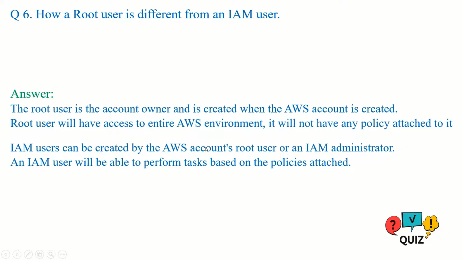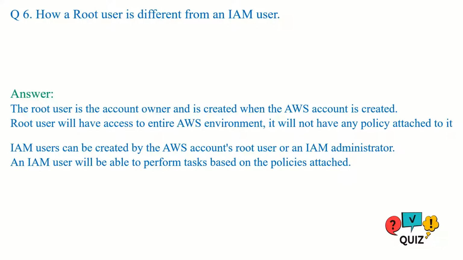So here the root user is the account owner and is created when the AWS account is created. The root user will have access to the entire AWS environment, and at the same time it will not have any policies attached to it. This is like a super user or a super administrator.